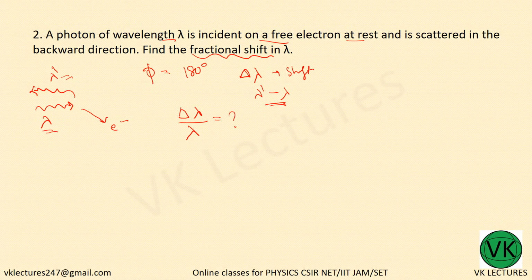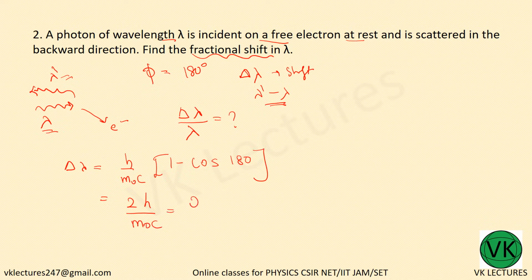Now, what is delta lambda? Delta lambda is equal to h by m naught c into 1 minus cos phi. Cos phi is cos 180. Cos 180 is nothing but minus 1, which means 2 times h by m naught c.